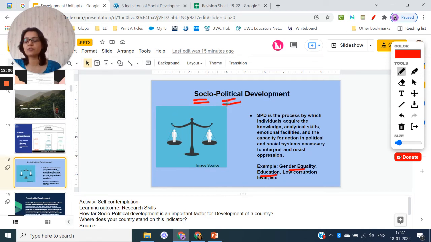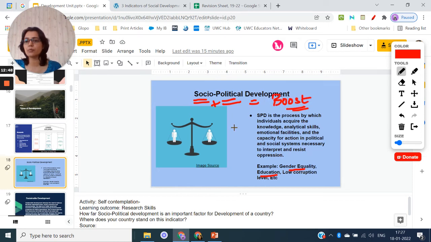Under political development, we see transparency, stability, a low corruption level, timely elections, the political system, and even the decision-making process of the government. These two indicators help a country boost its economy.